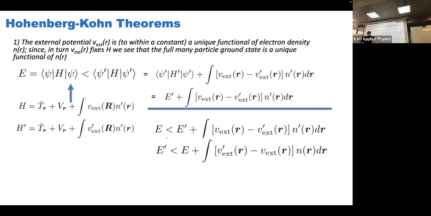And I got these two equations. In one equation, E is less than E prime, each of these energies being the lowest energy of the system, plus some term. And here I have the same, but reversed: E prime is less than E, plus some term which is always the same, except that we have different signs for the potentials and different electron densities.